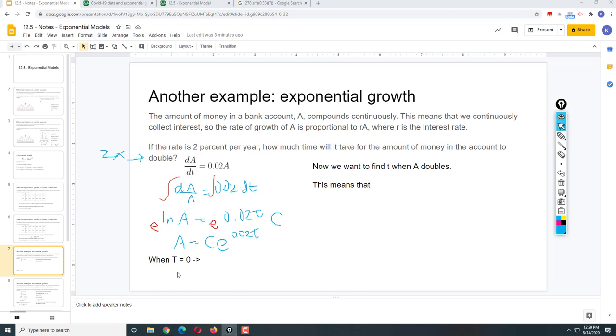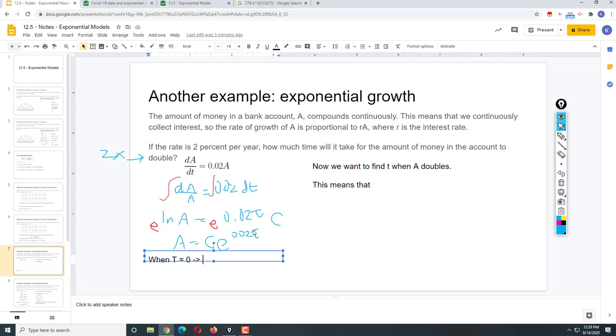Once again, when t equals 0, e to the 0.02t equals 1, so A equals c.